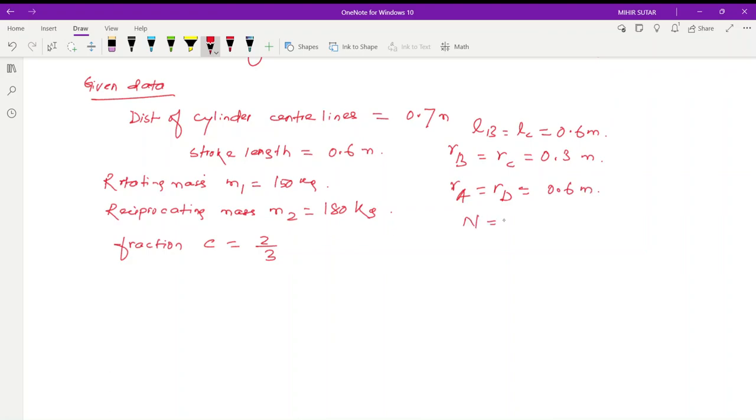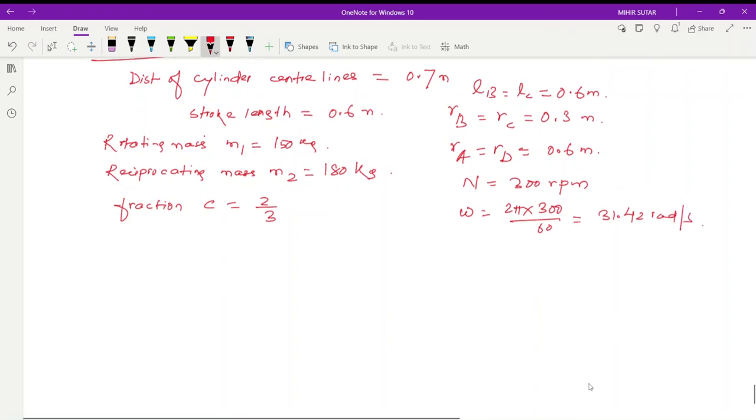Speed N is 300 rpm, so we have omega is 2 pi into 300 by 60, so 31.42 radian per second, you can say.